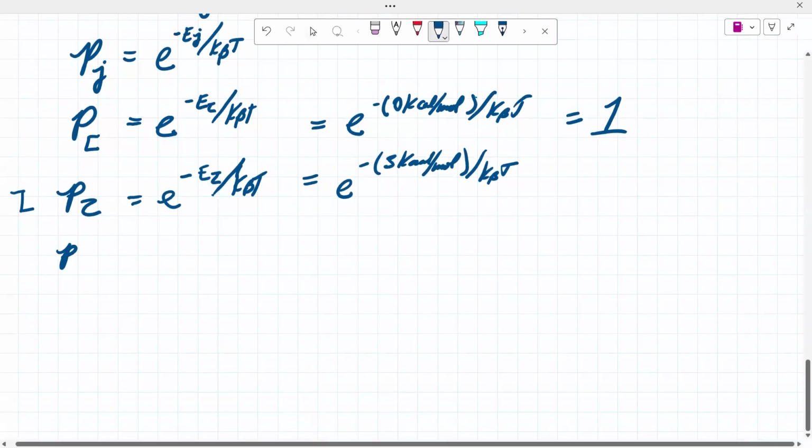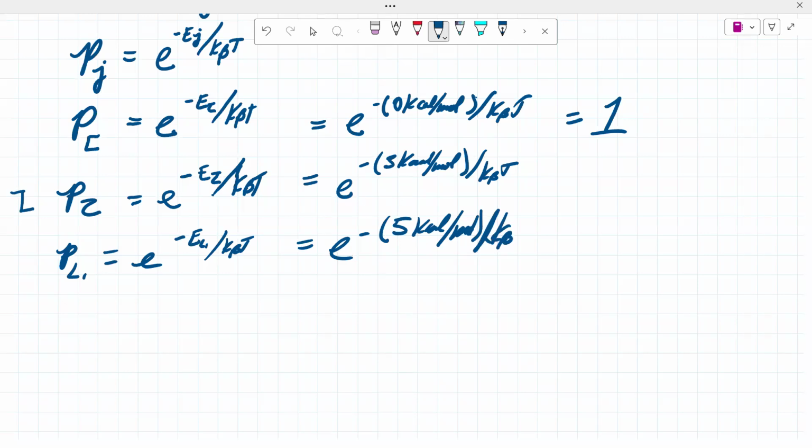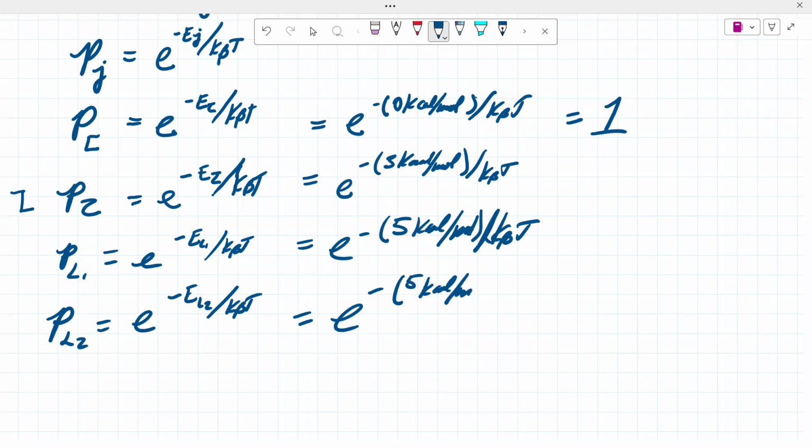So now we have P of L1 equals e to the negative E of L1 over k_B T, equals e to the negative, and the number of points that one had was 5, so this one is 5 kcal per mole, divided by k_B T. And the probability of L2 equals e to the negative E of L2 over k_B T equals e to the negative, this will also be 5 kcal per mole divided by k_B T. Notice that these are degenerate.